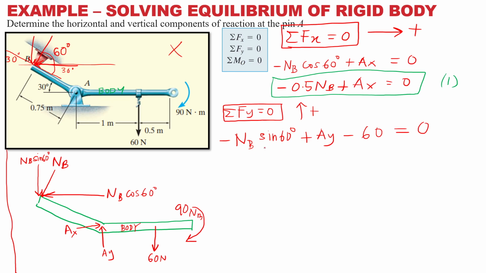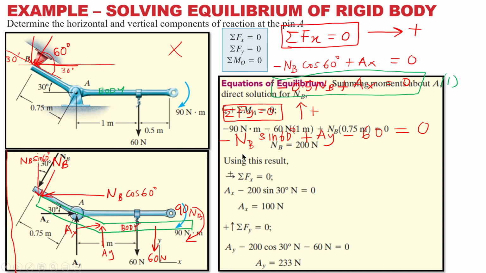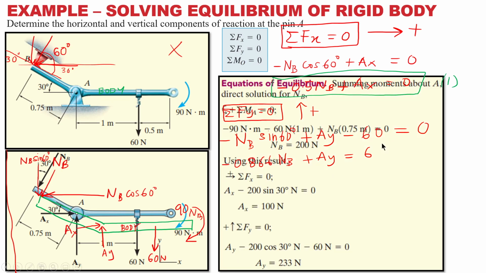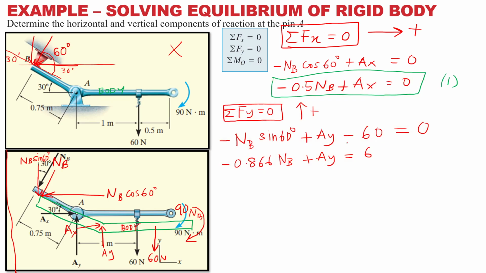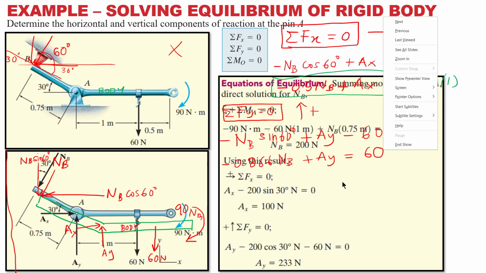Equal to 0. Sin 60 is equal to cos 30, which is 0.866. So negative 0.866 NB plus AY equals 60, not 66.